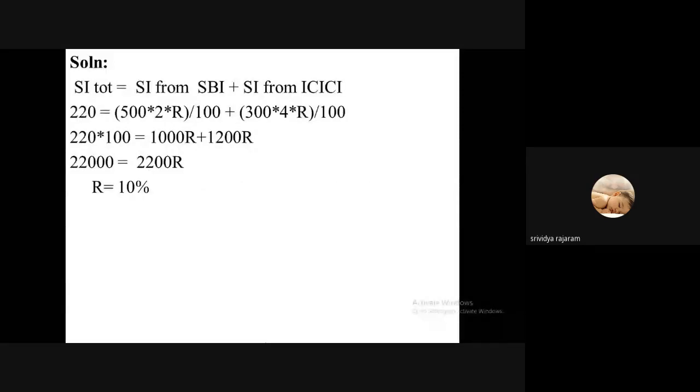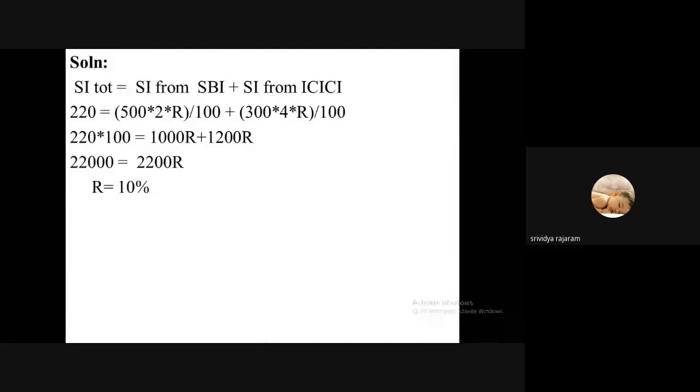So, are you clear with the simple interest formula and how to solve problems in simple interest right now? Can you get some idea how the questions will be asked on simple interest and how to solve them? Okay. Let me just sum up what I have said so far for simple interest. Two formulas, that is SI is equal to PNR by 100 and A is equal to P plus SI.